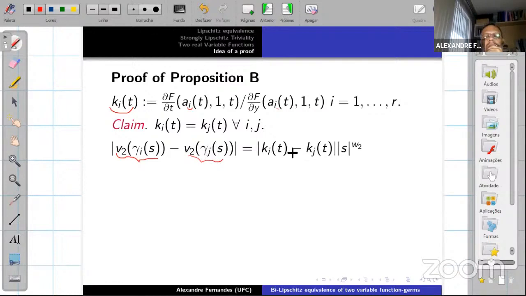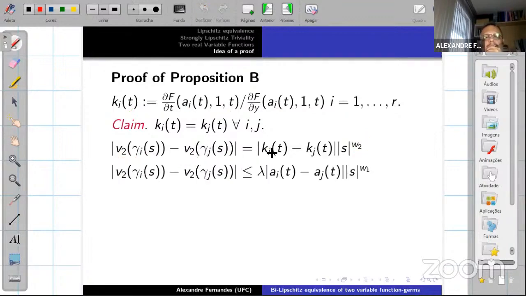Then this is s times the point in the level y equal to one. You just use this as weighted homogeneous of degree w2. Then you can write this in this way.